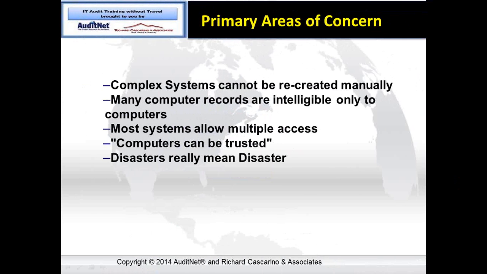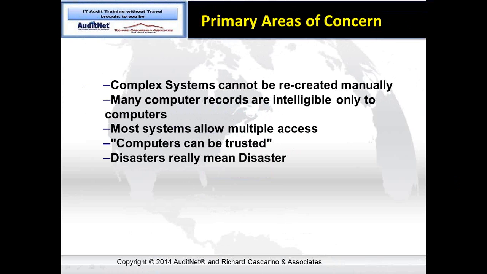Our primary areas of concern that we're faced with, that we need our CAATs for: complex computer systems cannot be recreated manually. The only way you can investigate complex systems is to use complex systems. And many of those records that are retained within the computer are intelligible only to computers. They never get printed out.